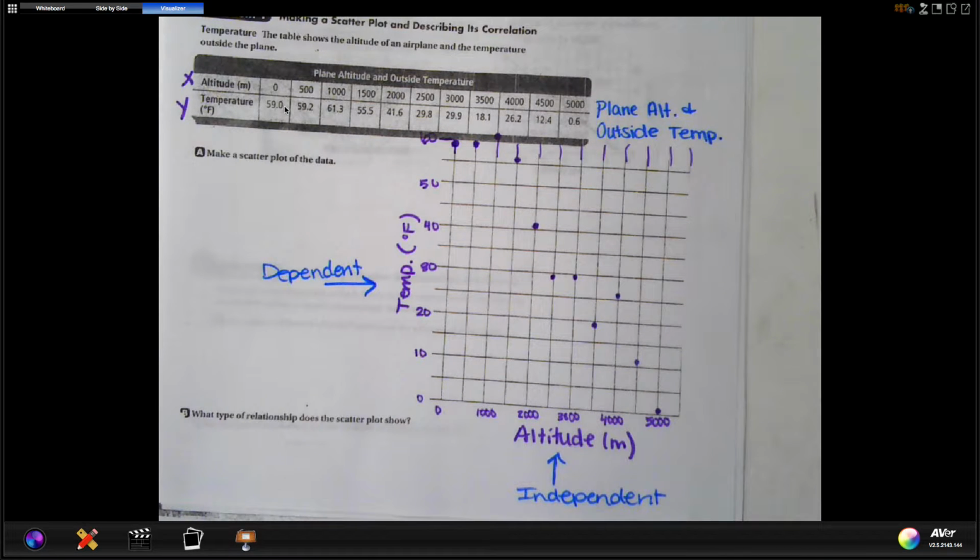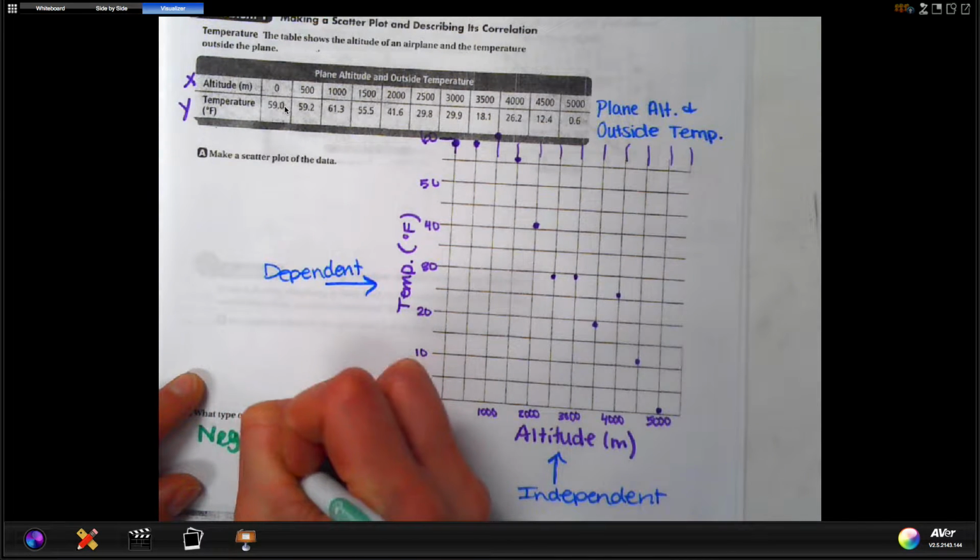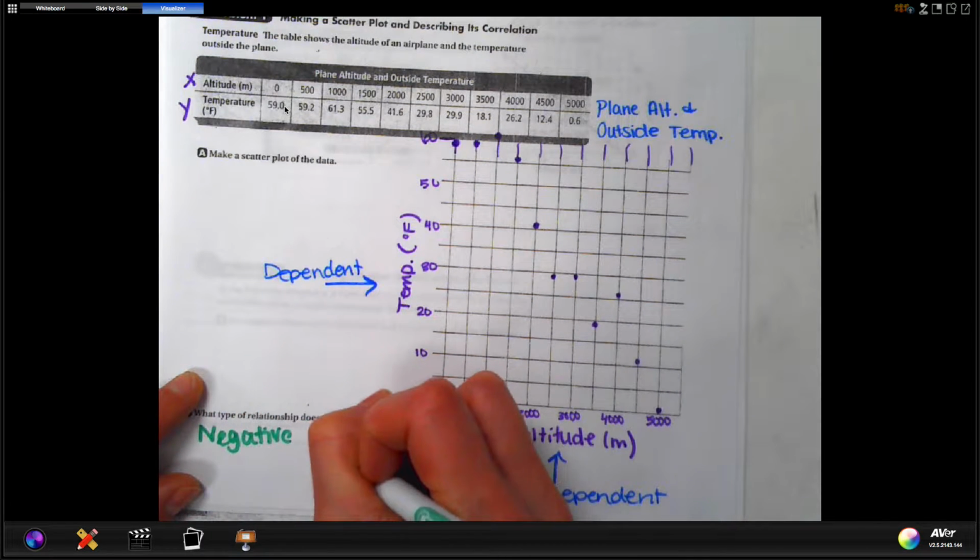Okay, so now the question is, and this is where they're going to make some important decisions, and I'm going to show you with a trend line on the next one, but part B says, what type of relationship does this scatter plot show? Go, Elsie. A negative correlation is correct. This is a negative correlation.